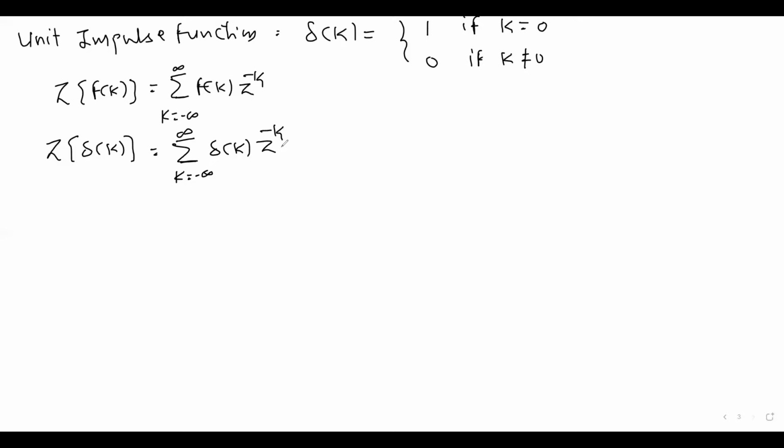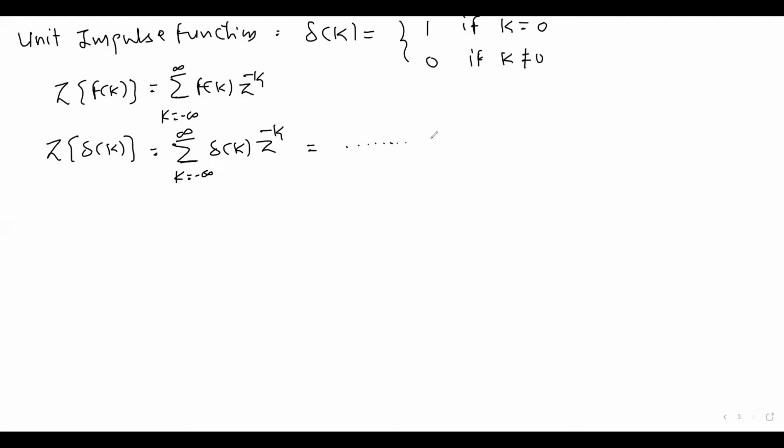Now here we put the value of k, and when k is 0, at that time the value of delta k is 1, otherwise 0. Now expand this. Here we put k equal to minus infinity, dot, k equal to minus 2, then minus 1, 0, 1, 2.